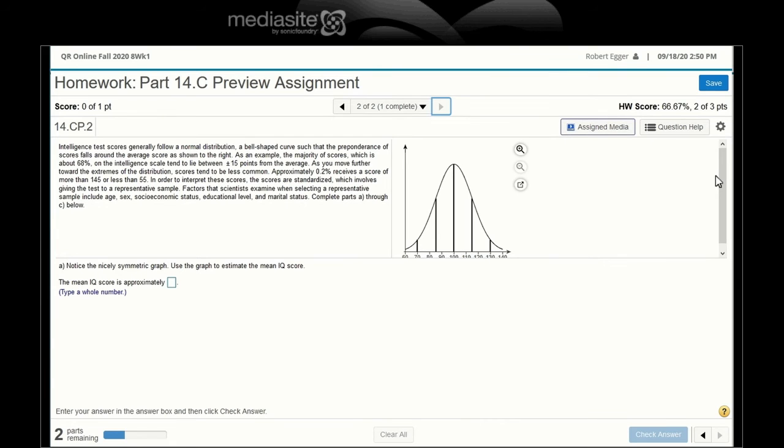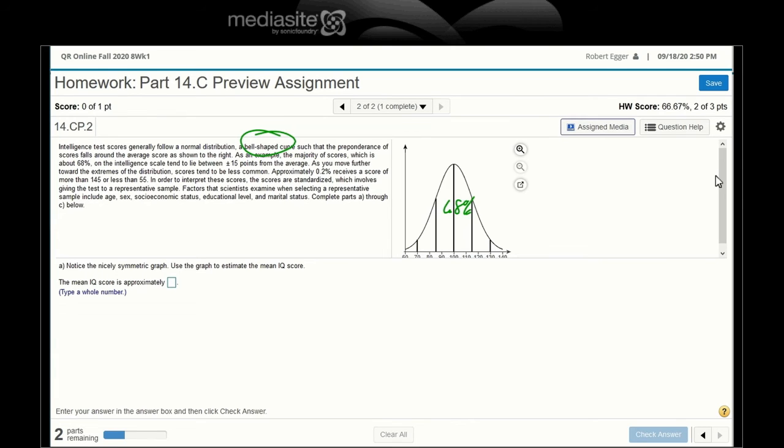Okay, test scores generally follow a normal distribution, aka the bell curve, such that the preponderance of scores fall around the average score, roughly 68% plus or minus 15 of the mean.